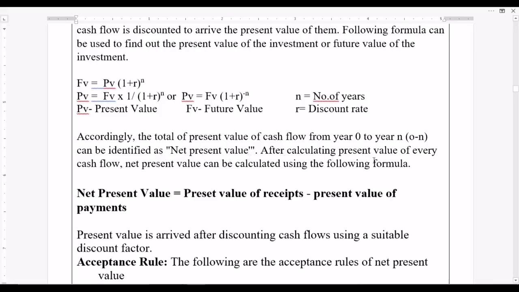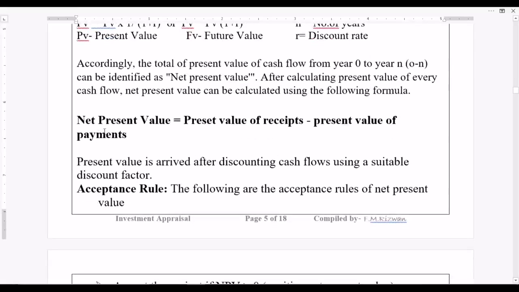After calculating the present value of every cash flow, net present value can be calculated using the following formula: net present value equals present value of receipts minus present value of payments.